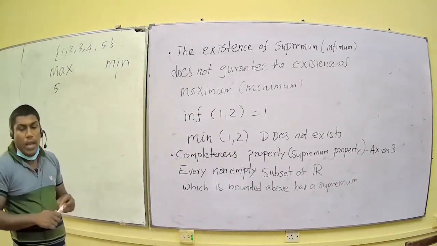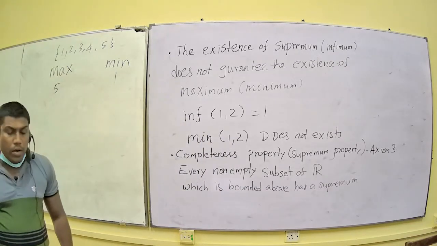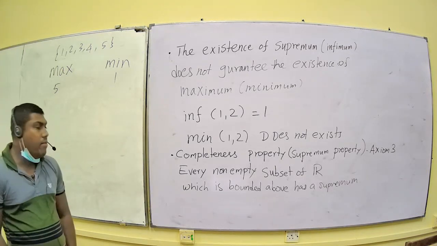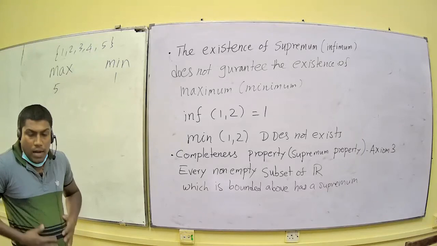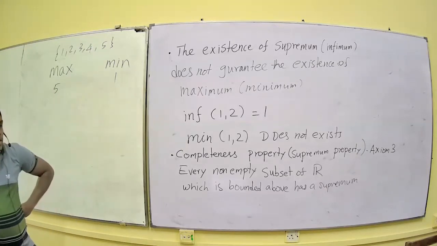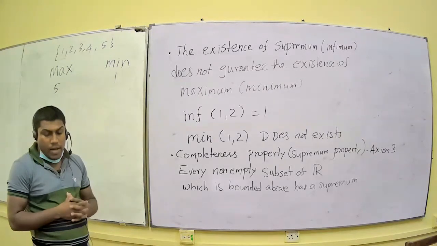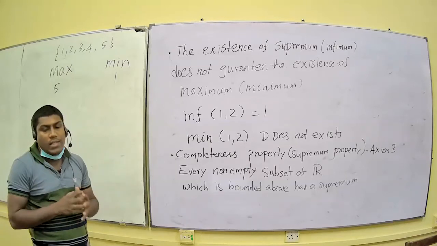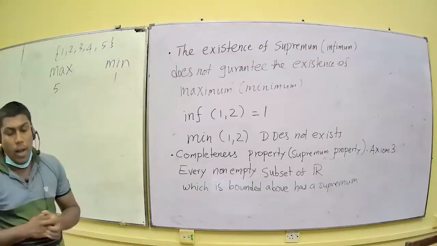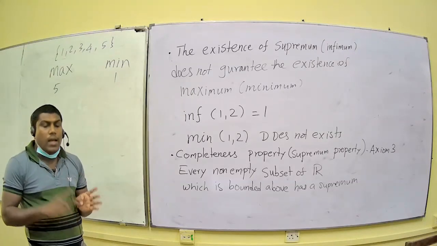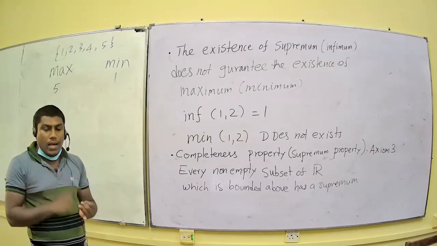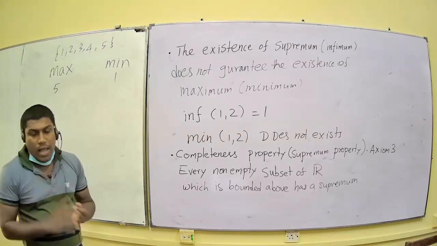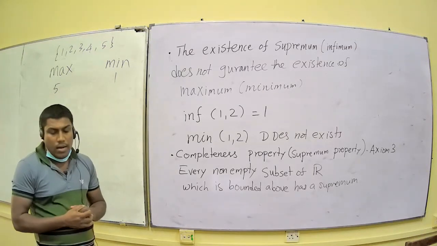It says every non-empty subset of real numbers that is bounded above will have a supremum. So this is the completeness property or supremum property that guarantees the existence of a supremum, as long as it is a subset of real numbers, it is non-empty, and it is bounded above. If these three are there, then it is guaranteed that there will be a supremum for that set.